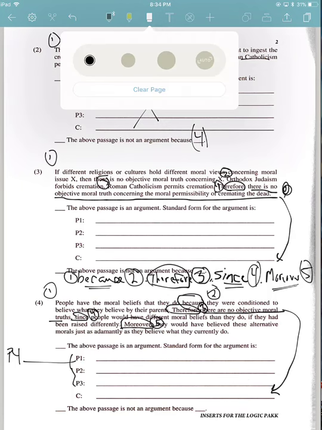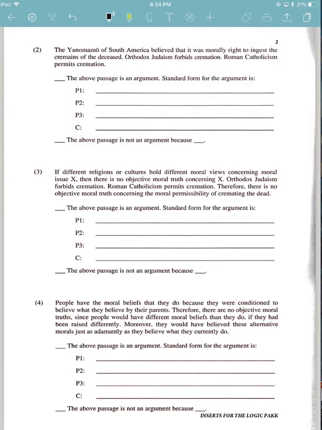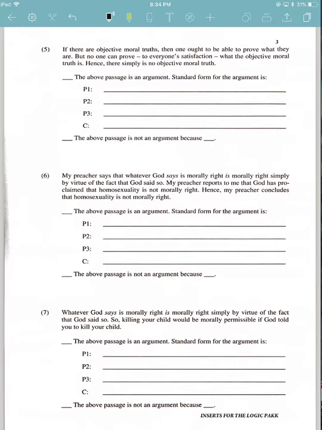And then let's go ahead and clear this and keep going. Let's do an if-then. There's 2, there's 3.